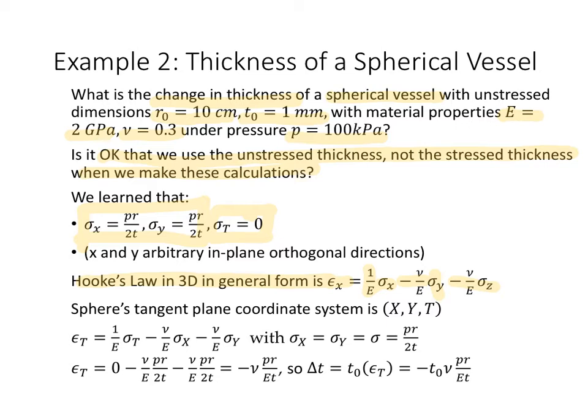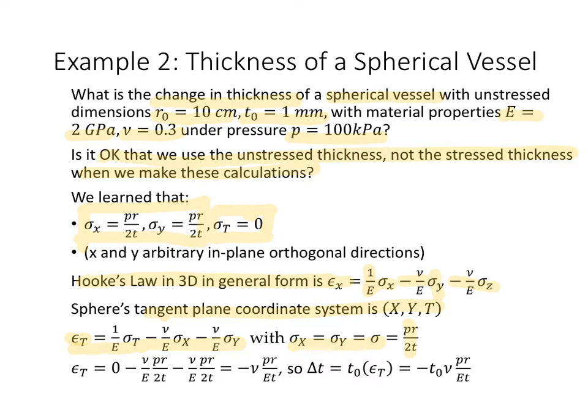What we'll do here is use this to calculate the strain in the t direction. Keeping in mind that we have a tangent plane coordinate system that we can call x, y, and t, where x and y are any two directions in plane, the strain in the thickness direction is 1 over E times the stress in the thickness direction minus the Poisson ratio divided by the Young's modulus times the other in-plane stresses, which are just the same, that is sigma, which is PR over 2T.